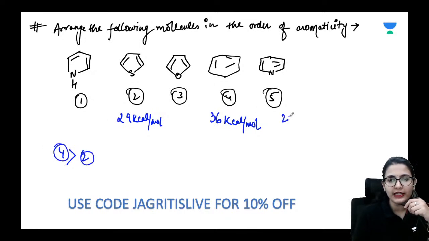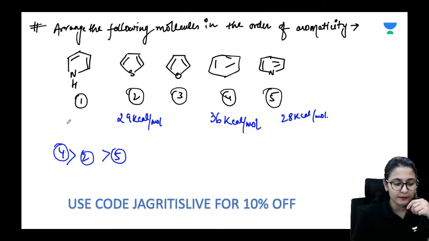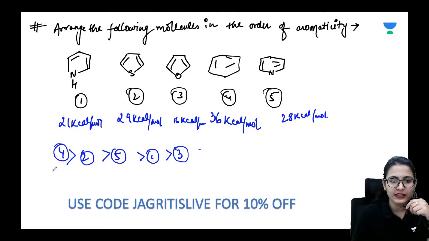Then comes 28 kilocalorie per mole, which is number 5 on the third position. Then comes the pyrrole molecule, 21 kilocalorie per mole, which is the first one. And then finally you have furan, 16 kilocalorie per mole, which is your third one. So this is the order of aromaticity or resonance energy. Both are the same thing.